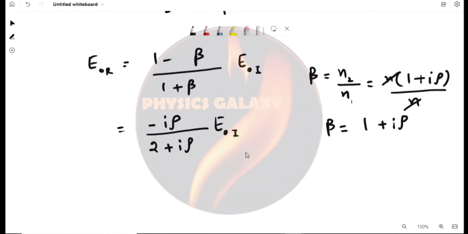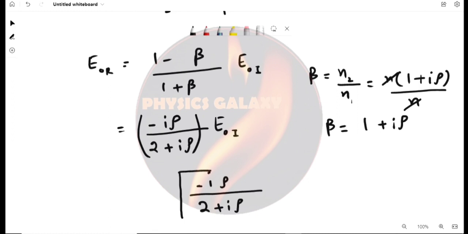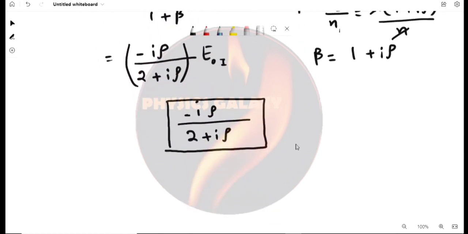To deduce that phase information, we'll look at this factor: minus iota rho divided by 2 plus iota rho. It's in general a complex number, and to find the phase, we'll multiply the numerator and the denominator by the complex conjugate of the denominator, 2 minus iota rho.